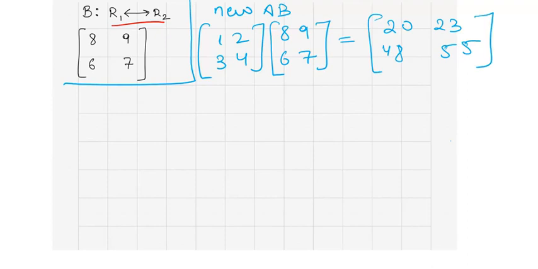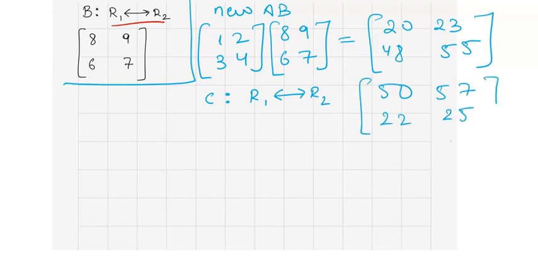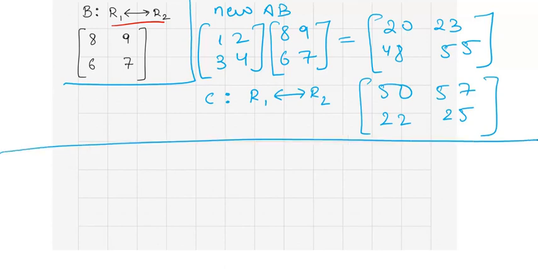If we apply the same row transformation to C, and we've done this already, you'll remember it turned out to be 50 57 22 25, and these two matrices are obviously not equal.